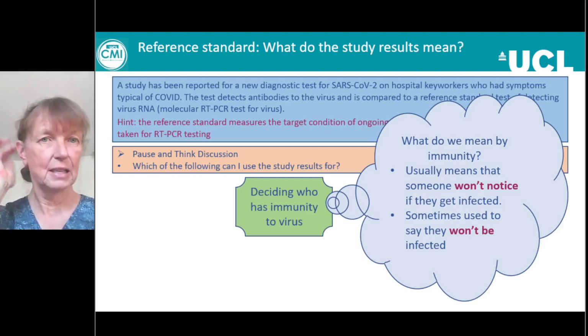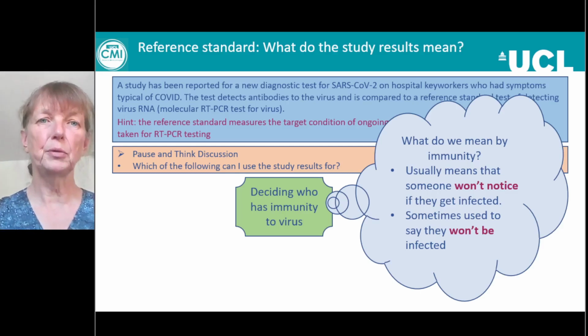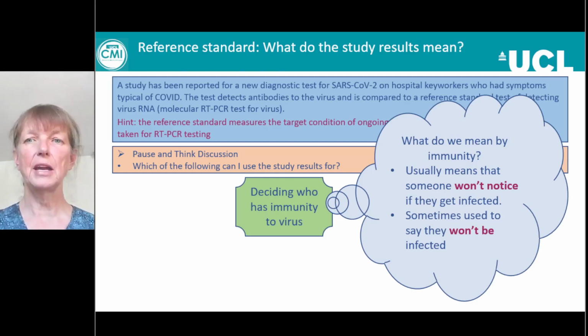Okay, so different people mean different things by immunity. I think of immunity as that someone won't notice if they get infected by the virus because of how their immune system is protecting them. But some people think that they won't be infected by the virus because of how their immune system is protecting them.